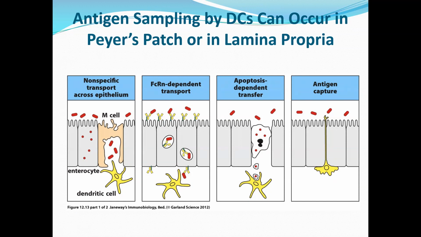The neonatal FC receptor is a receptor for IgG. It allows for IgG in a pregnant mother to cross the placenta to protect the fetus.